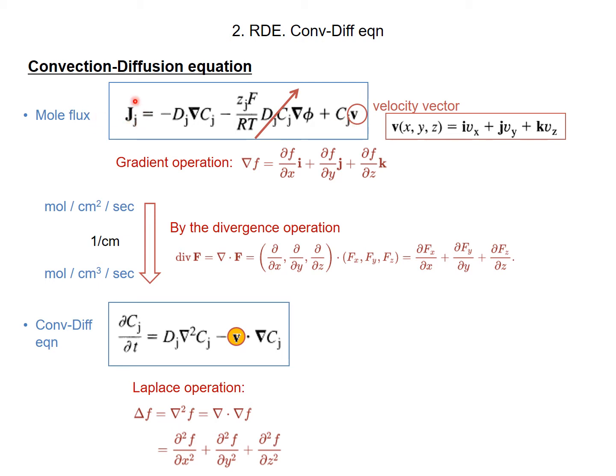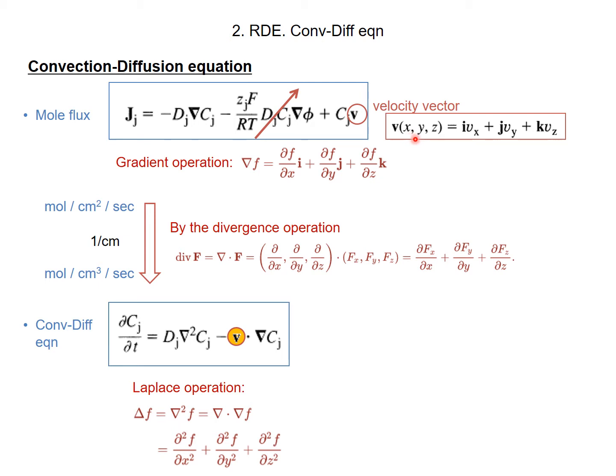The mole flux is a vector, and also the gradient of concentration is a vector, and also velocity is a vector. So in the mole flux equation we have a vector term for all terms on the left side and right side. Velocity is a vector, so we have three components of velocity in Cartesian coordinates.